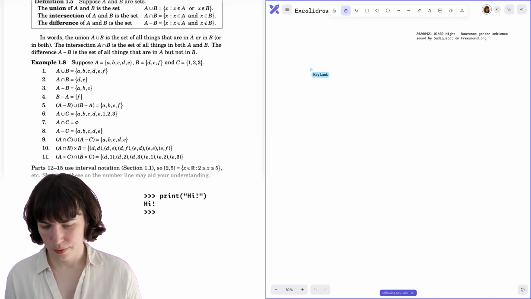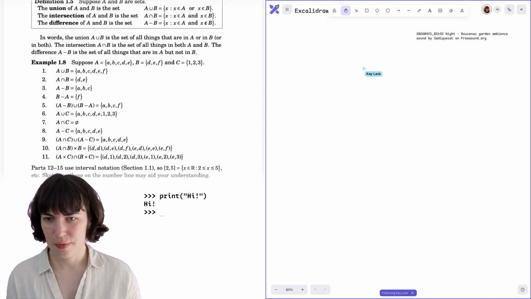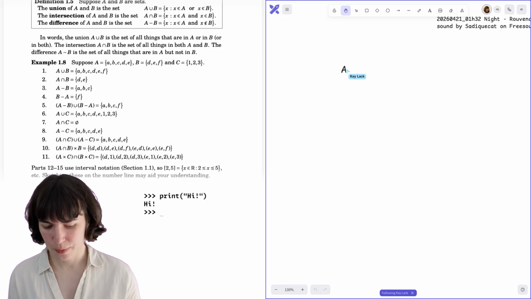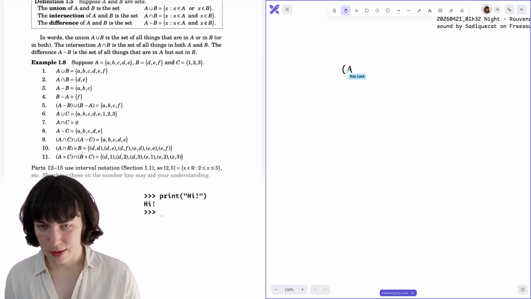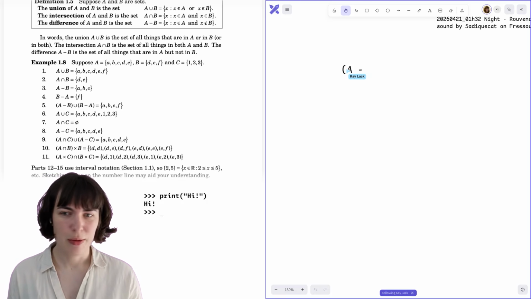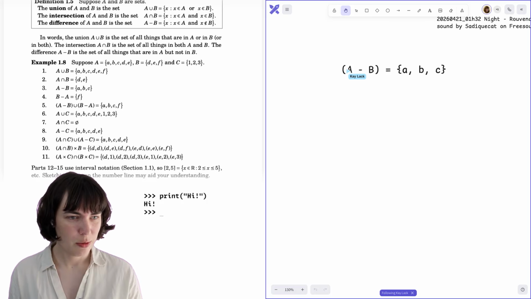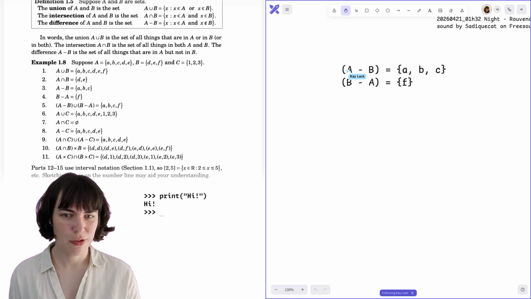Okay, let's say we wanted to work out, let's zoom in a bit. Let's say we've got A minus B. Now we know what A minus B is. It's a, b, c. We know what B minus A is because it's given to us, and that's f.